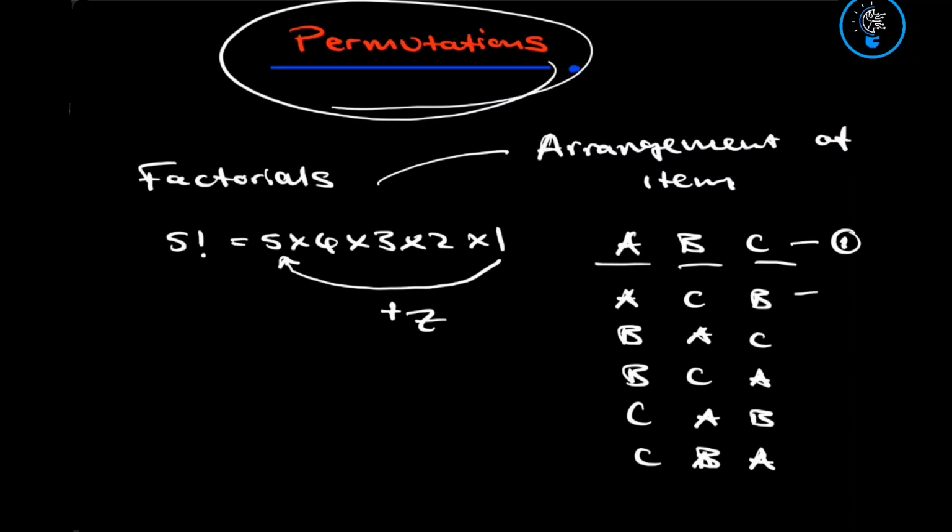We have the first one, the second, third, fourth, fifth, and the 6th. So there are 6 ways of arranging 3 items.